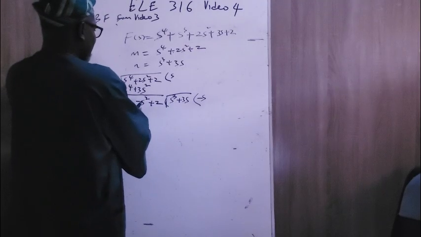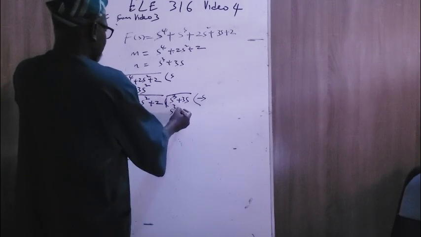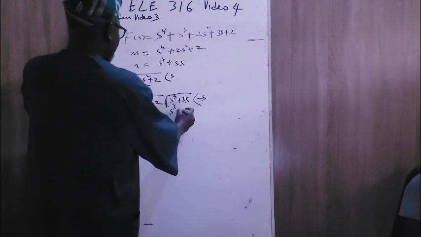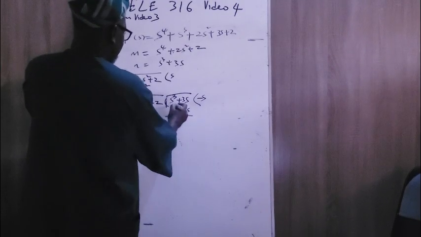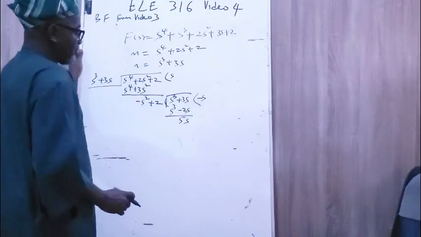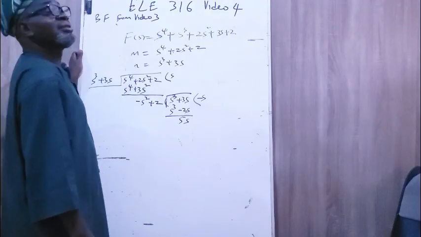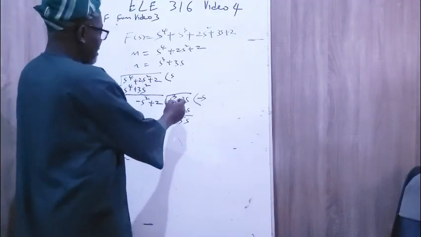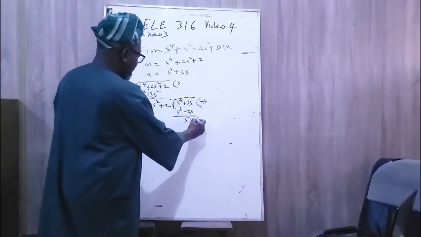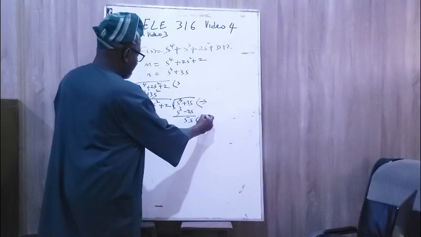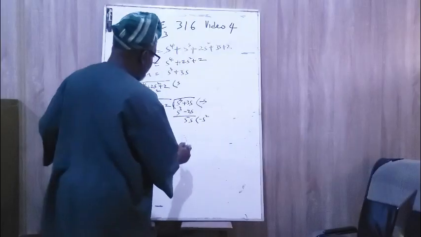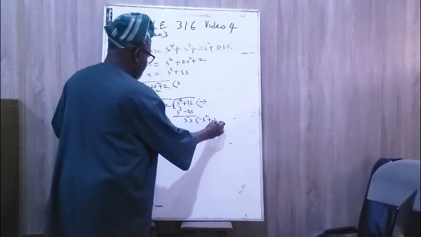Minus s times minus s^2, that will give us s^3. Minus s times 2, that will give us minus 2s. When we subtract, this cancels, this becomes 5s, because this is minus, when we are subtracting, it will now be plus. And then we bring this one here. We have minus s^2 plus 2.